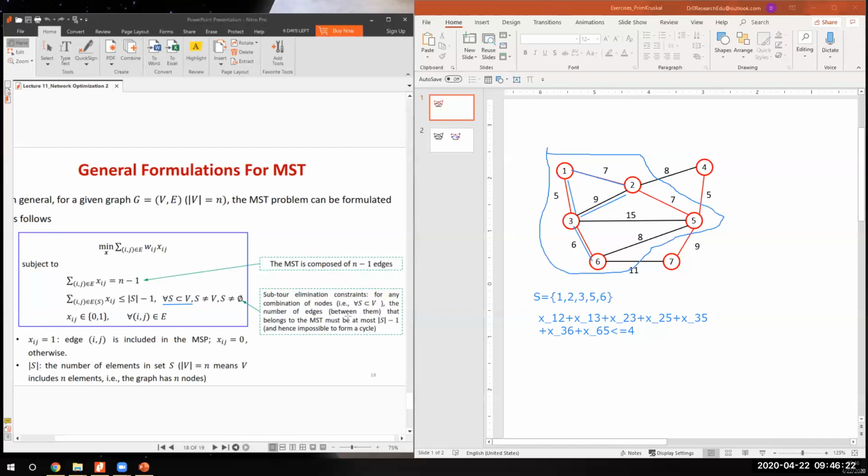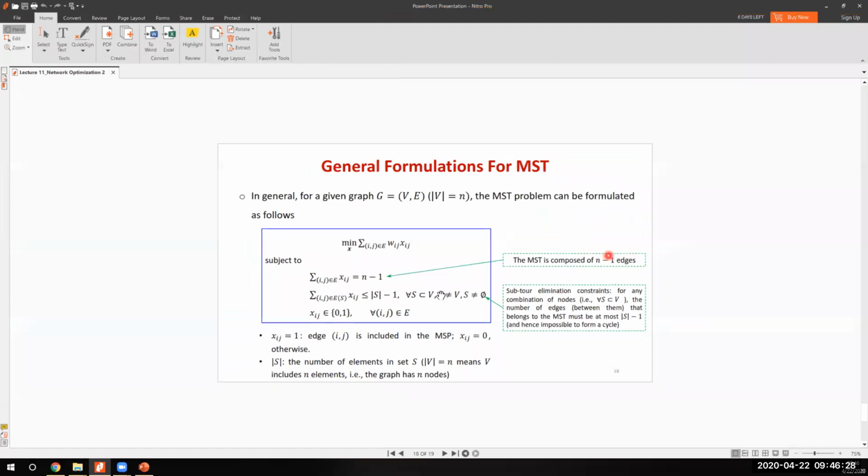And hence, this is safe. In other words, by doing this, you eliminate all possible subtours and guarantee that the feasible solution given by these constraints will give you a spanning tree, actually. Minimum is because I have the minimum weight objective, so it must be the minimum spanning tree. Any questions here? You do need to do some examples, I mean, after the class.